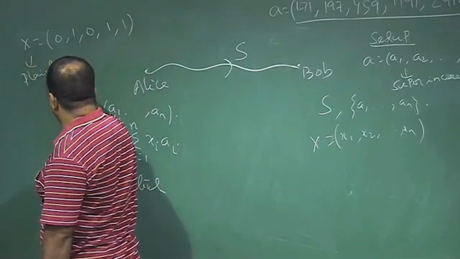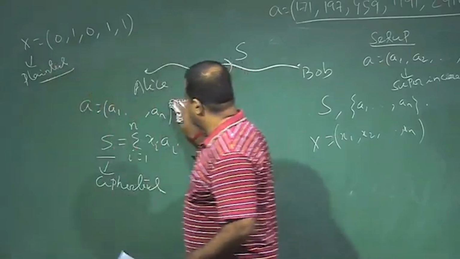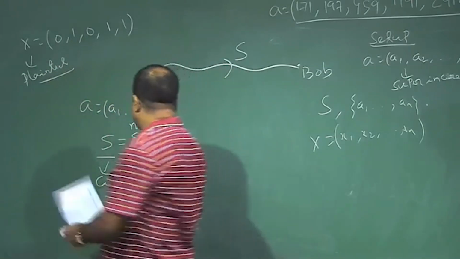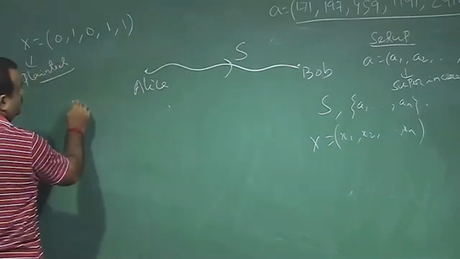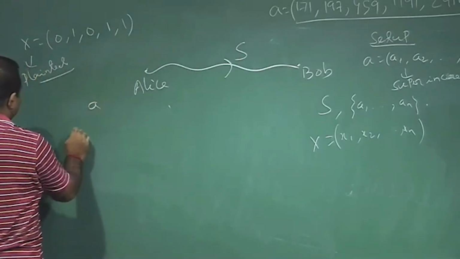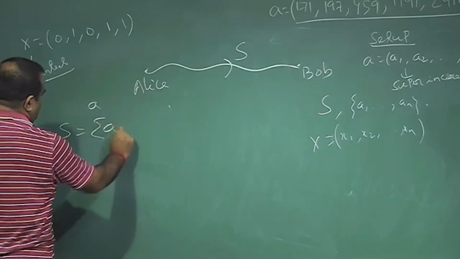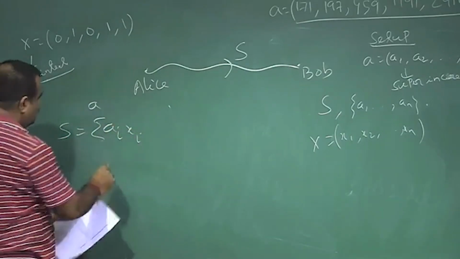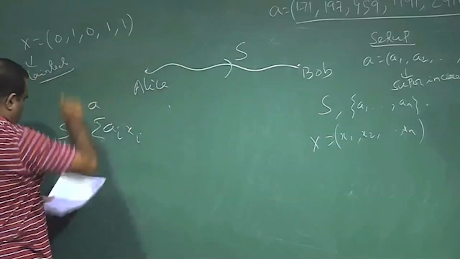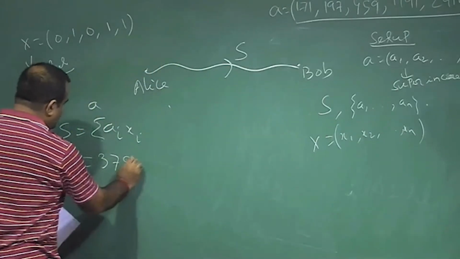Alice is choosing this plain text. So what is Alice doing? Alice is encrypting using the super increasing sequence A, and Alice is getting the ciphertext S, the summation of ai xi. If we take this sum, Alice is getting 3798.